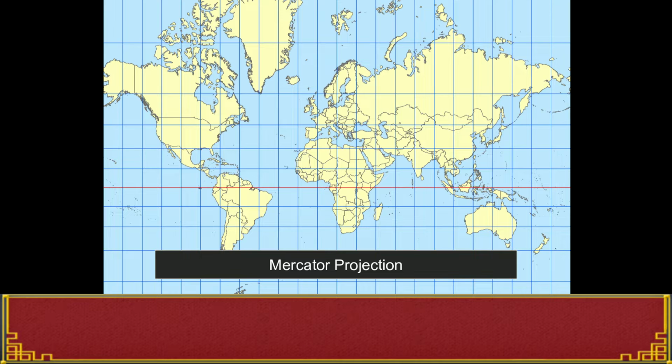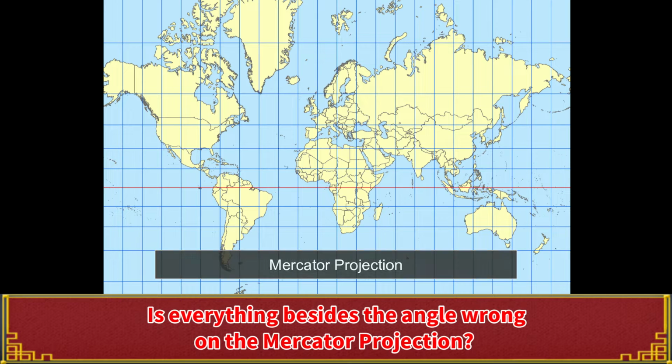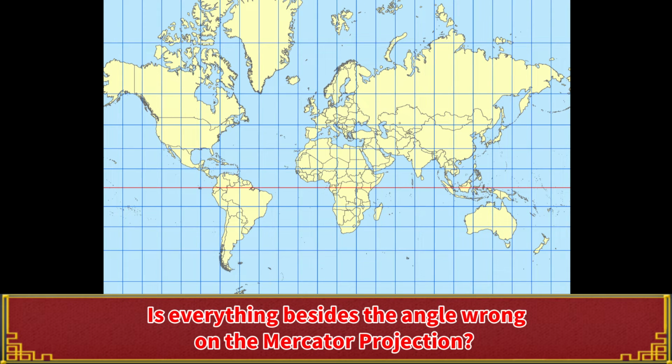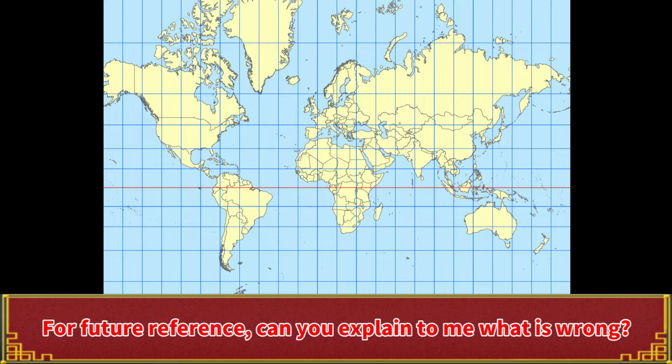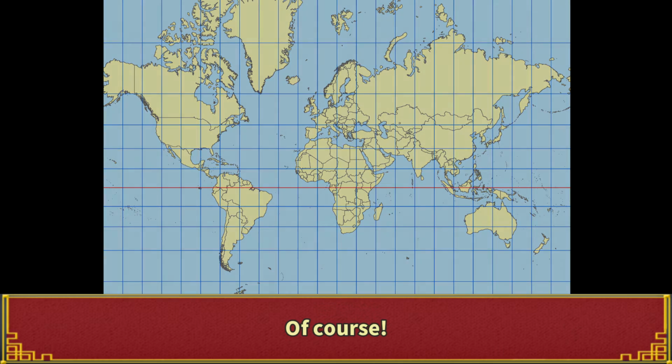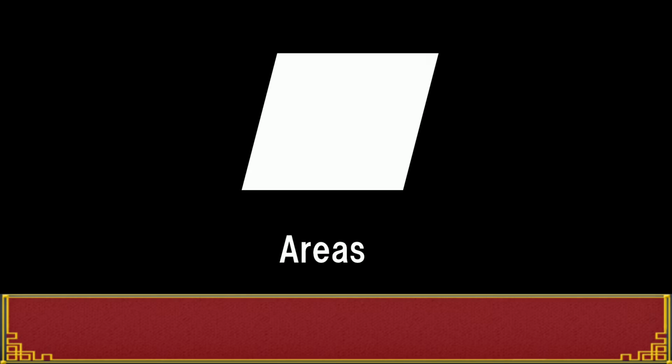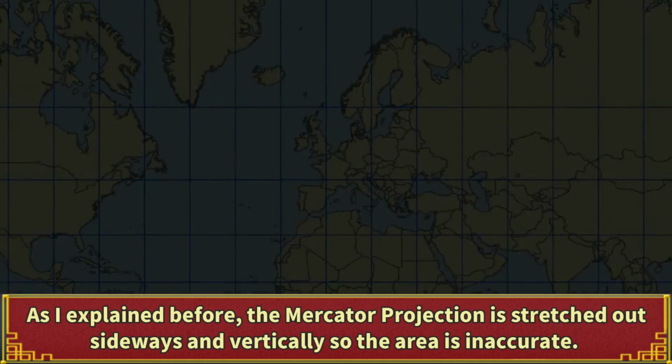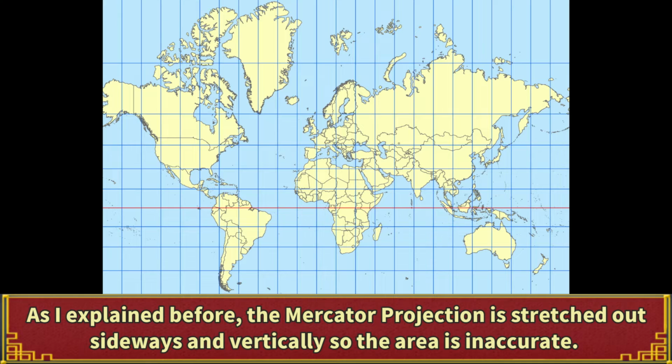I have a question. Is everything besides the angle wrong on the Mercator projection? Yes. For future reference, can you explain to me what is wrong? Of course. Let's move on. As I explained before, the Mercator projection is stretched out sideways and vertically, so the area is inaccurate.